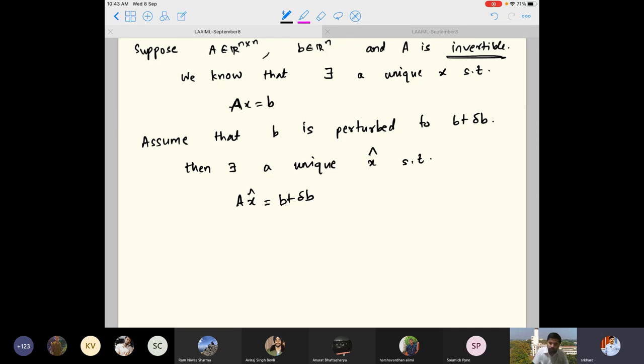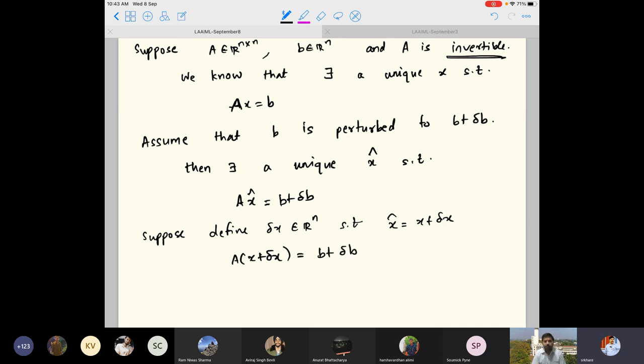Okay. So suppose we define delta x such that x hat is equal to x plus delta x. So what we have here is A into (x plus delta x) is equal to B plus delta B. Is that right? And what will that tell me?